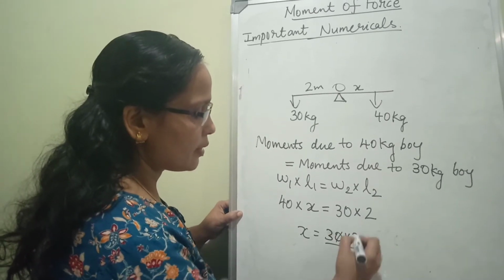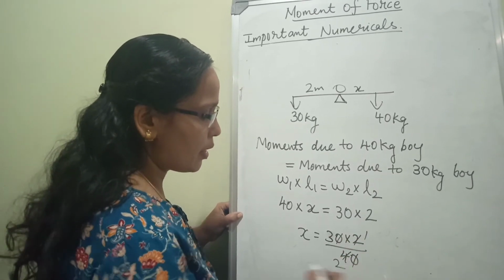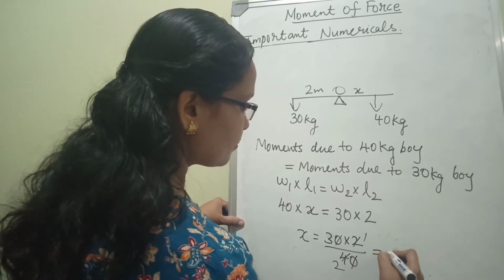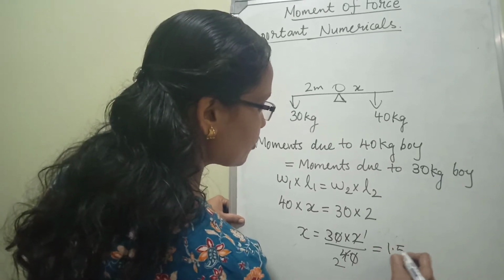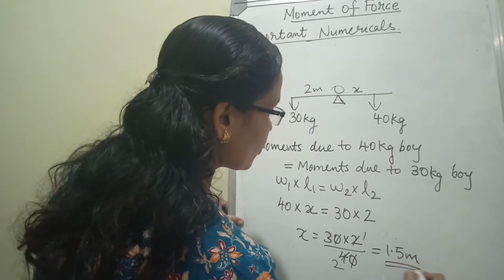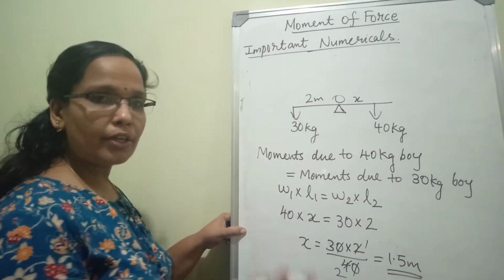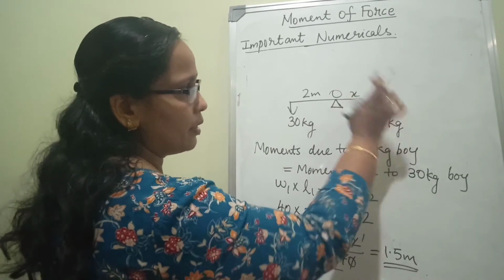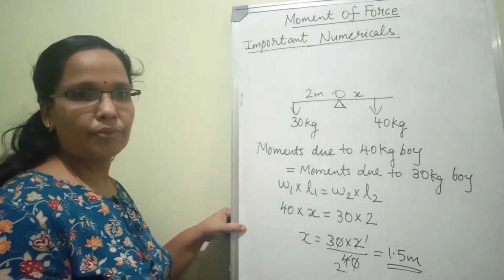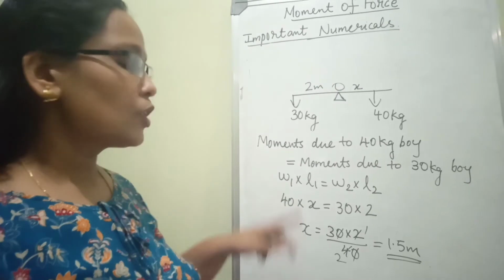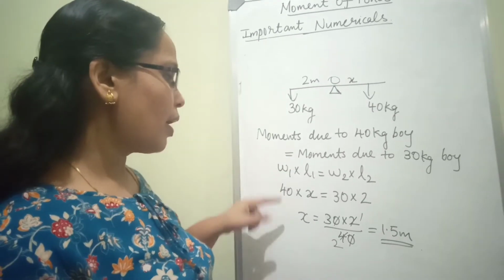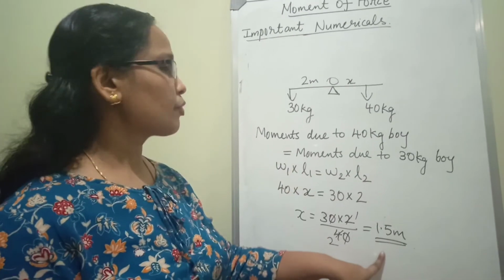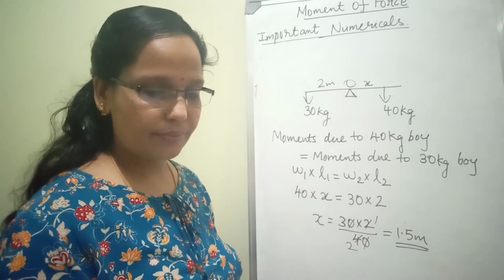Zero, zero cancel. 2 ones are 2, 2 twos are 4, so 3 by 2, that is 1.5 meter. So the boy of mass 40 kg should sit at 1.5 meter from the middle of the seesaw. So we will get 2 marks for this: 1 mark for the substitution, 1 mark for the correct answer.